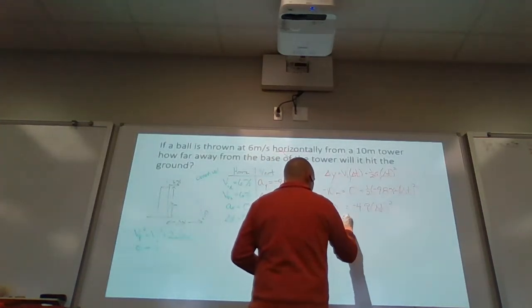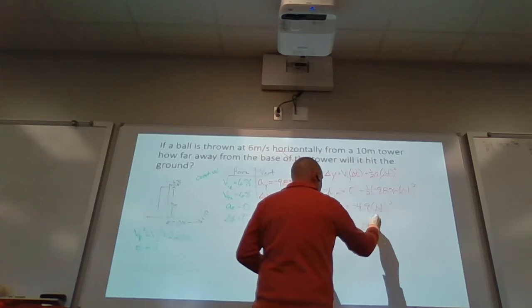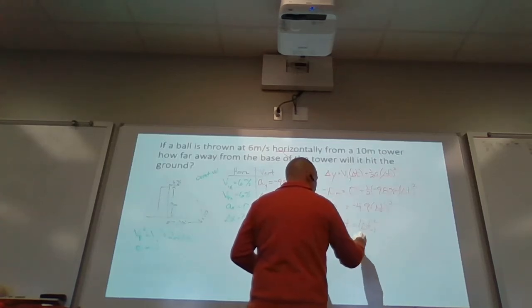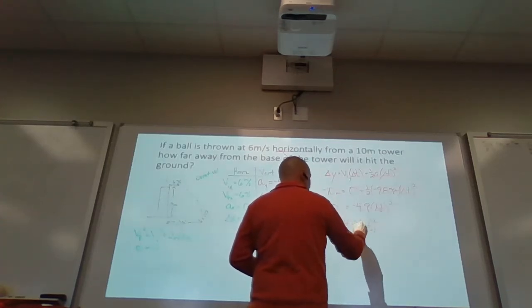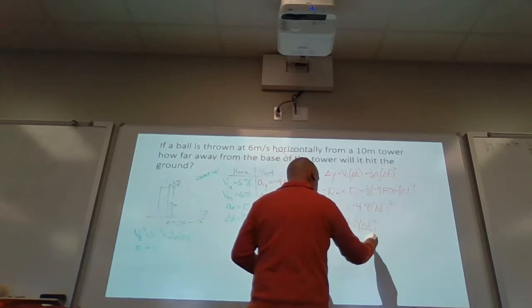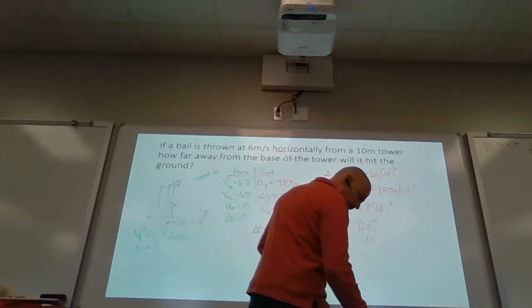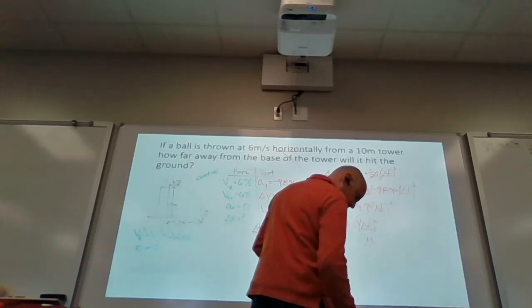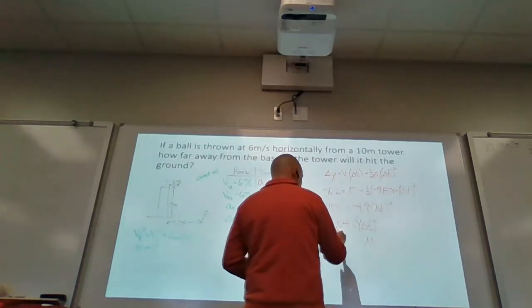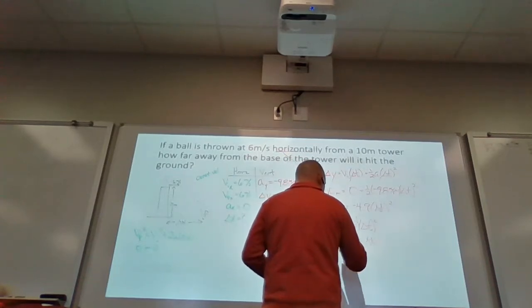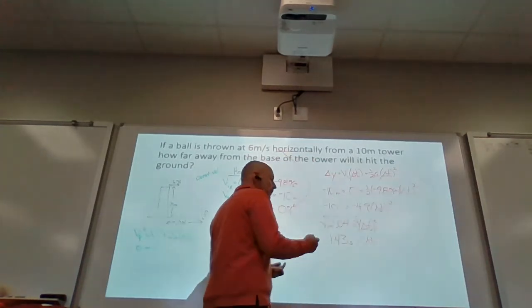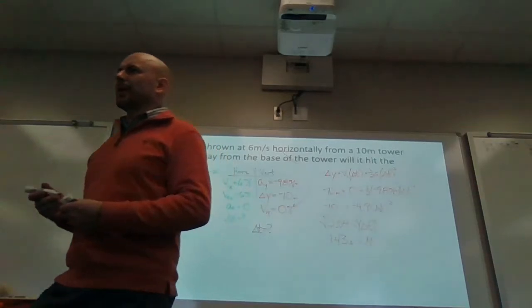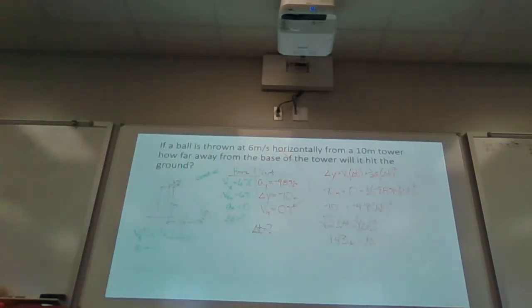So 2.04 equals t squared. Take the square root of both sides. Oops, I know what that is. It's 1.43. Plus or minus, we're going to choose the plus because time can't be negative. Okay.